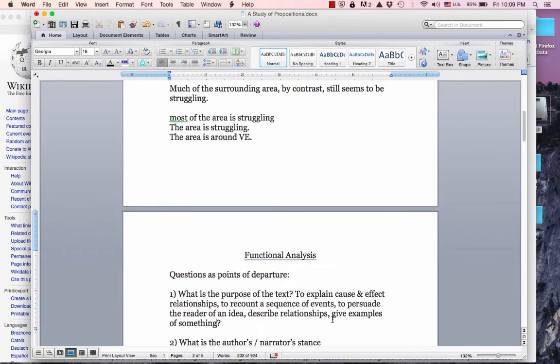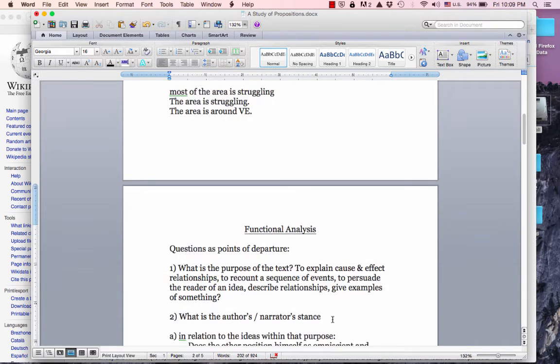Then we move on to another question that's going to guide me in my inquiry. What is the author's or narrator's stance? By stance, it's kind of like another way of saying attitude, or agenda. So what is the author's or narrator's stance in relation to the ideas within this broader purpose?